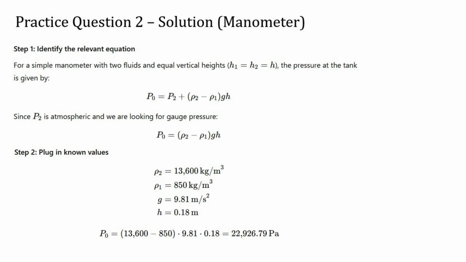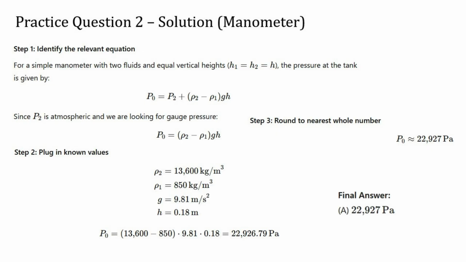Multiplying this by gravity and the height gives us approximately 22,926.79 pascals. Rounding to the nearest whole number, the gauge pressure at the tank connection point is 22,927 pascals, which matches answer option A.